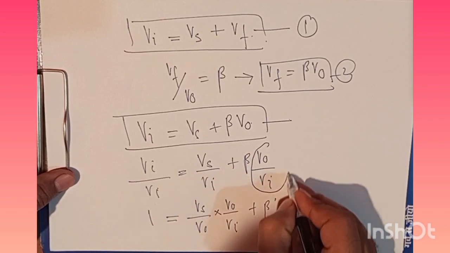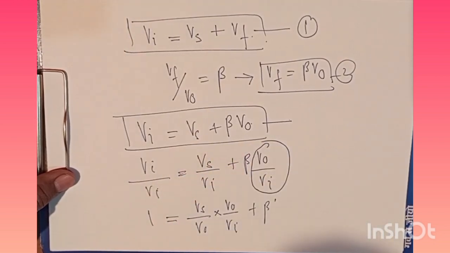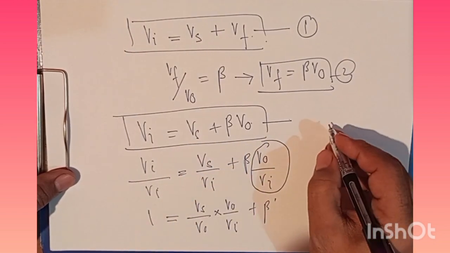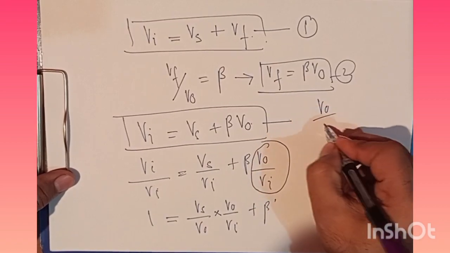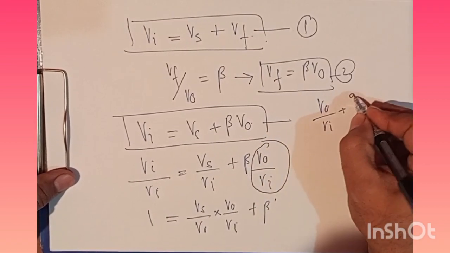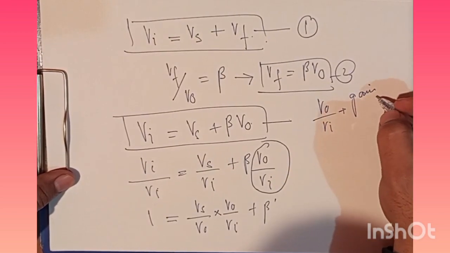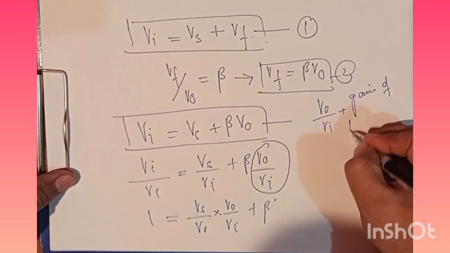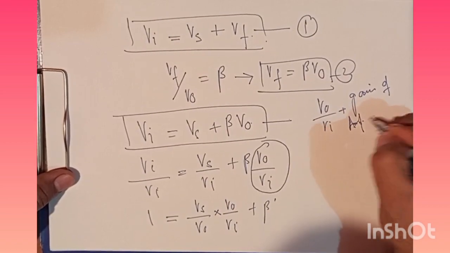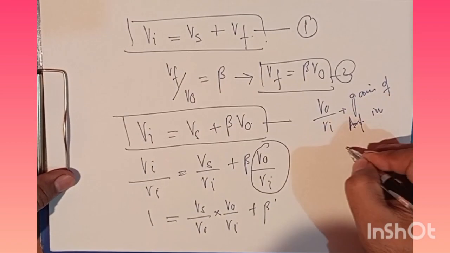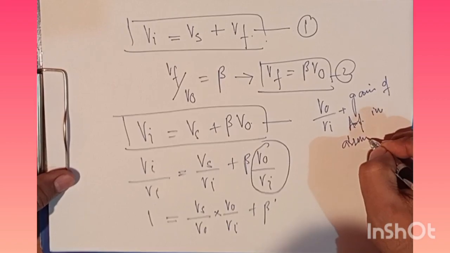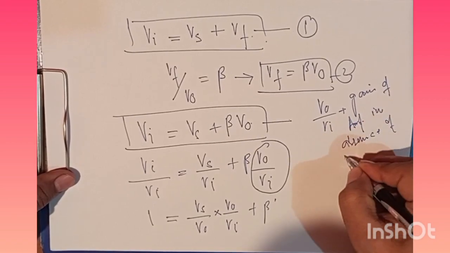This V out by Vi is the gain of the amplifier in absence of feedback.